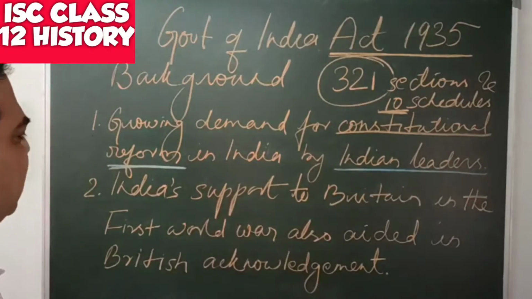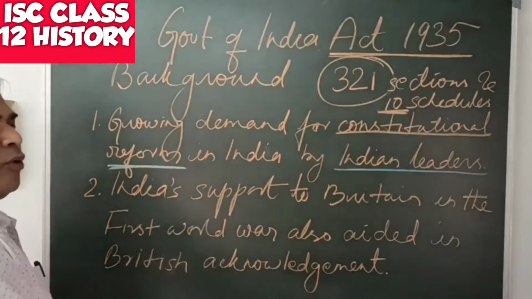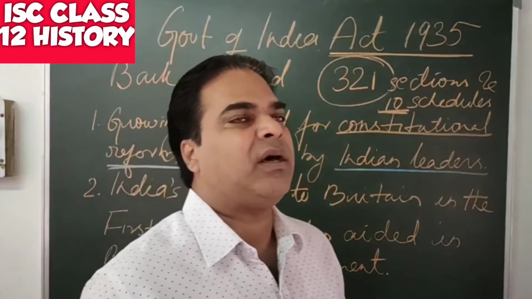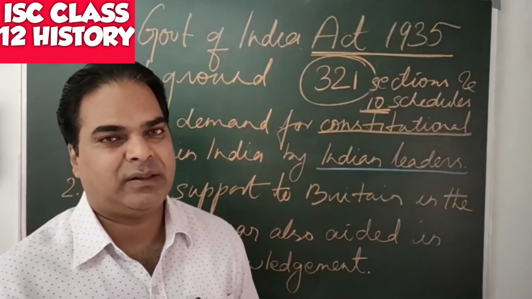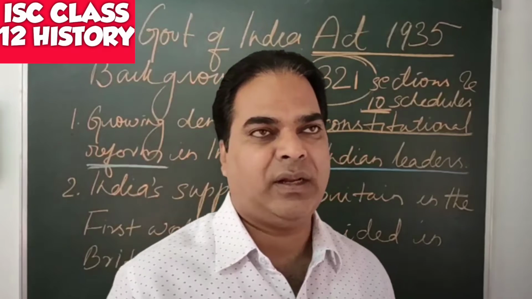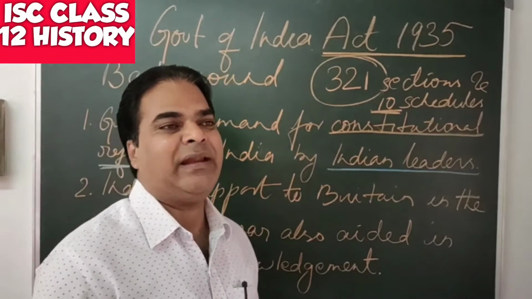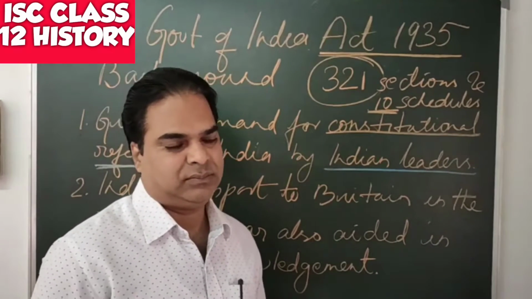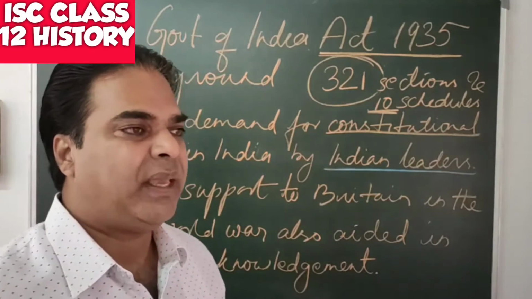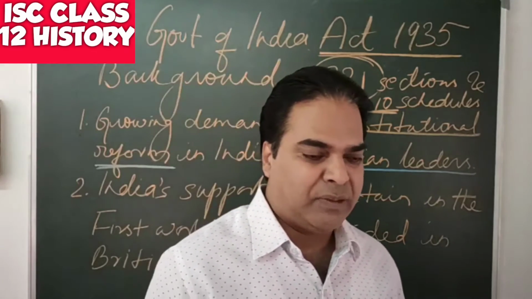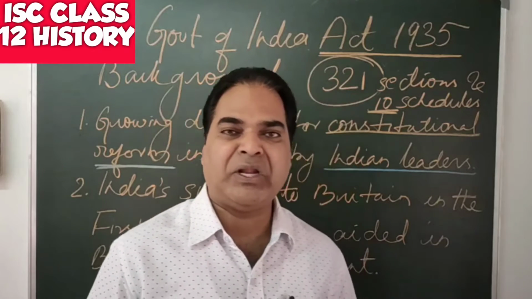The second one is India's support. During the First World War, which started in 1914, Indians supported the British government. During that time, they did not make the administration of the British government in India difficult.